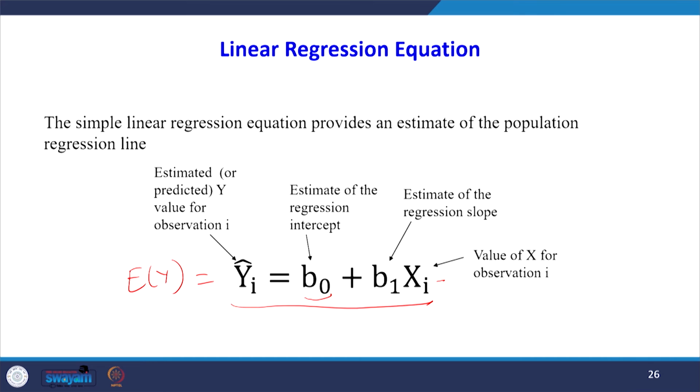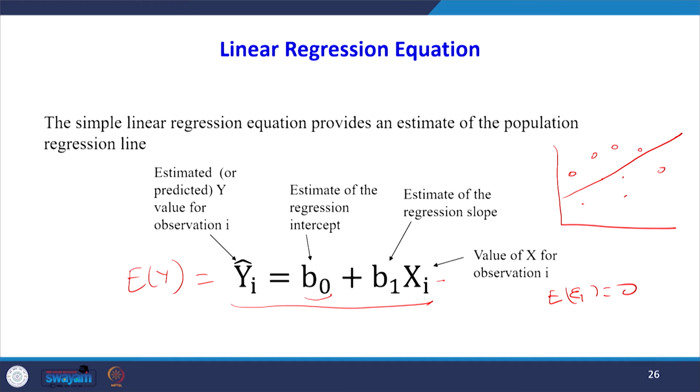What I mean by not the actual value is, suppose the data is like this. The equation which I am drawing is not the actual value, it is the mean value or the expected value. So, what will happen? For the error term, the expected value of the error term is equal to 0. What is the meaning? There will be positive errors and negative errors.